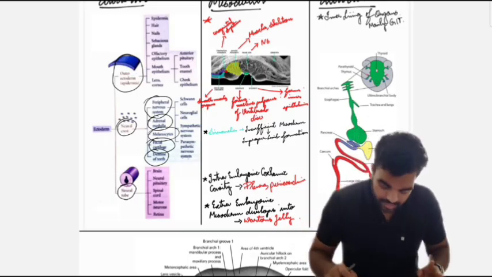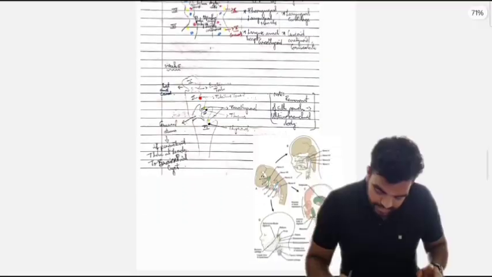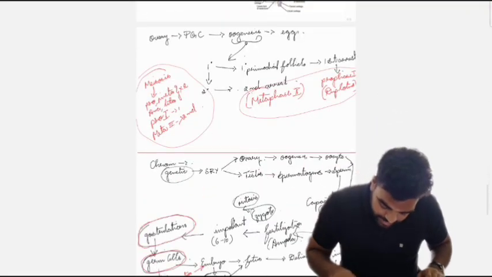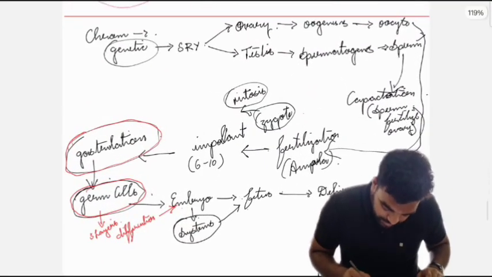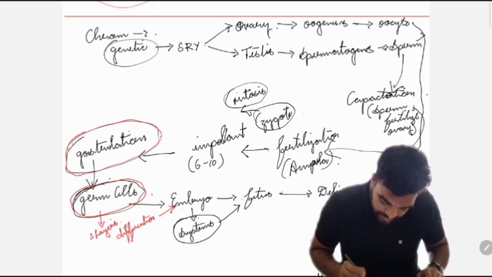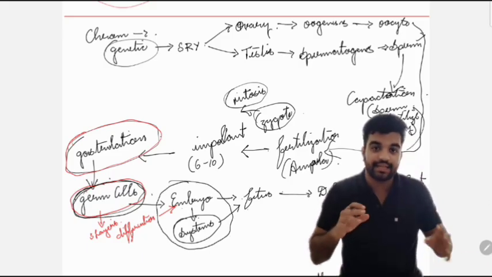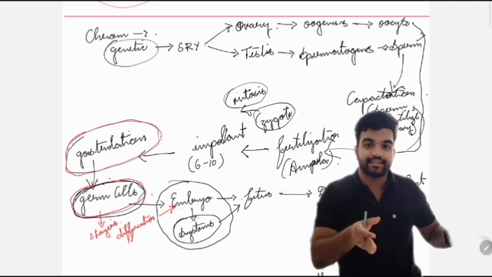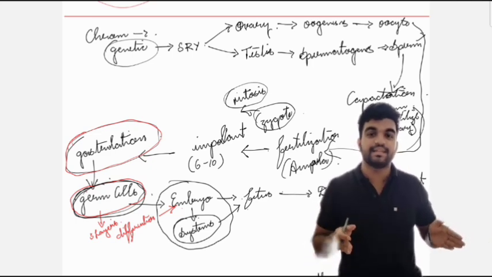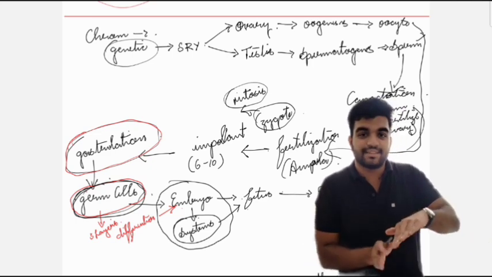Okay, so now let us go back to our flowchart. Now that we have learned about gastrulation and formation of germ layers, it is better to discuss how embryo formation has started occurring. That is, gastrulation, the three germ layer formation, has occurred by 3 weeks of intrauterine life.